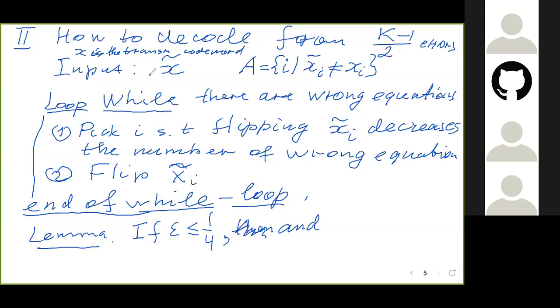And tilde X is different from X, but we know that the Hamming distance between X and tilde X is at most k minus 1/2. So in other words, we know that the cardinality of A is at most k minus 1/2.